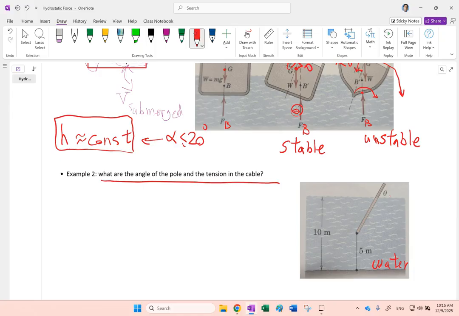The next thing we have about this pole is it is 8 meters long and 0.2 meters in diameter, and it is 200 kilograms.